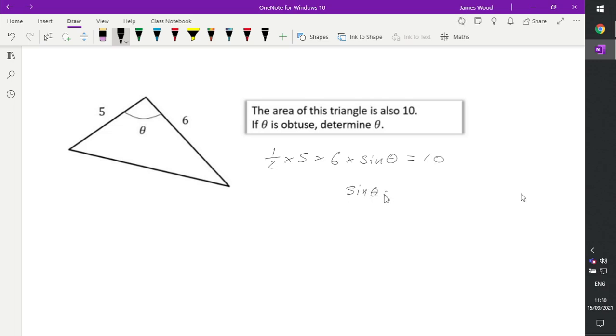So sine theta is going to be 10 divided by 6 divided by 5 divided by half. So that is 2/3. Then to find the angle, I need to just do inverse sine of 2/3. So that's 41.8 degrees.